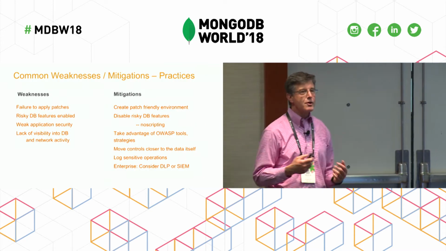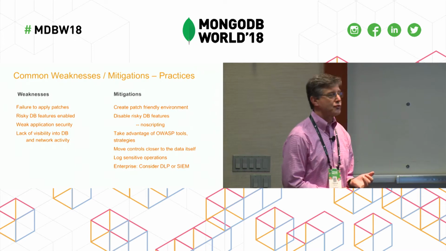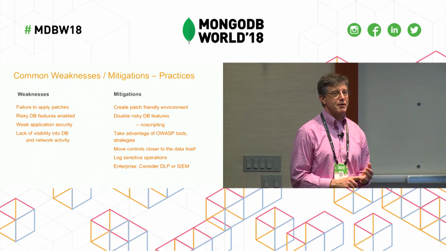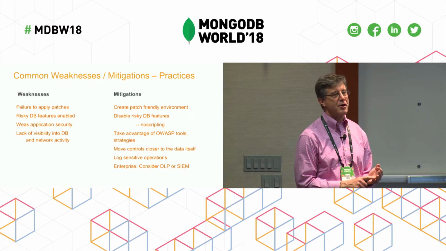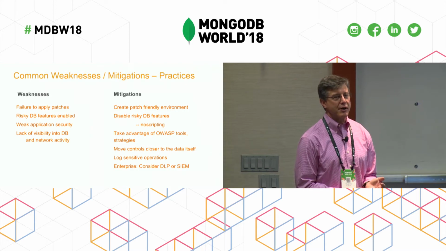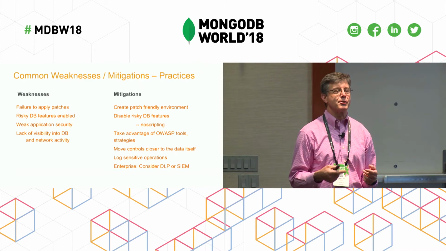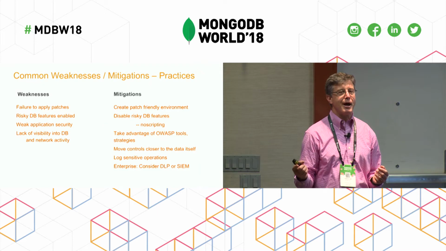Finally, common practices. Common practice number one is failing to apply patches. Now, in the MongoDB world, applying patches isn't all that painful. So you want to stay up to date. Operating systems and databases in general, every time there's a patch, there's typically some vulnerability that has been identified and is being patched.